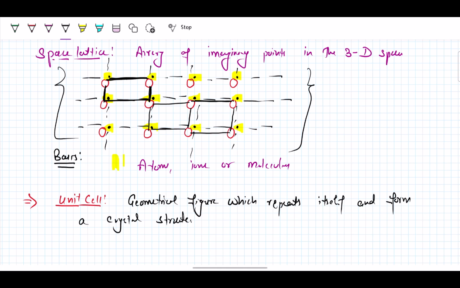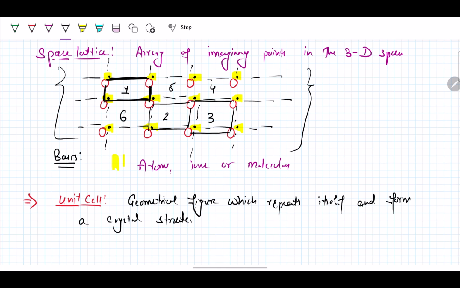If we are talking about crystalline materials, then the unit cell remains the same. The dimensions of the first unit cell are exactly the same as the second unit cell, third, fourth, fifth, sixth, up to the nth unit cell. That's why we define the unit cell as the smallest geometrical figure which repeats itself.